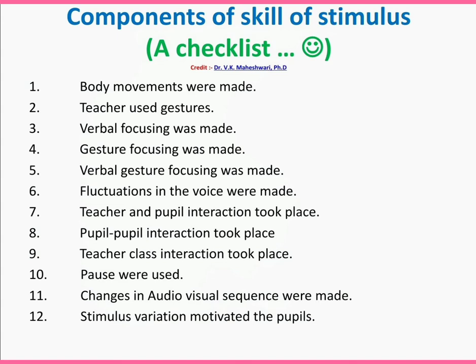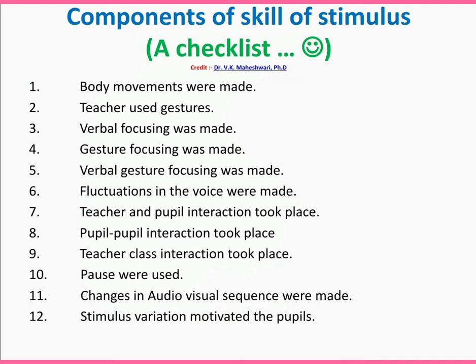Now, a student can rate his or her teacher on use of the stimulus variation skill, or a teacher themselves can rate their use of the stimulus variation skill during lecture. So this is a kind of checklist here.